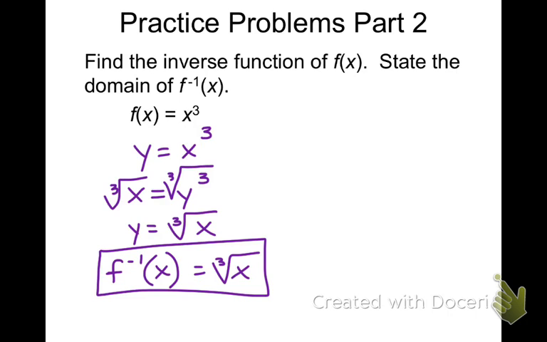Okay, so given that, what would be the domain of that? What was our domain here? Can I put any number I want in place of x? Yes, there's no restrictions. What's going to come out as a number? Can I get any possible number as an answer? Yeah, technically. I could cube any number to get any other number out there. There's an infinite number of numbers that would come out as a result of cubing something.